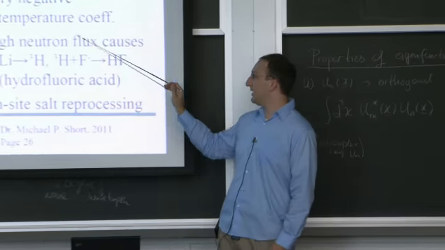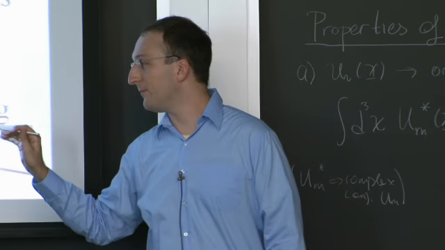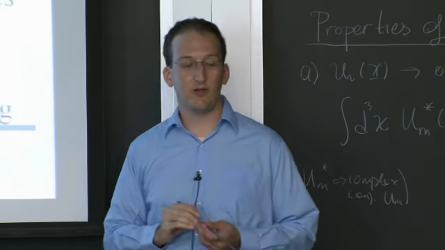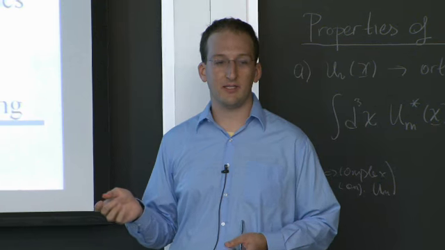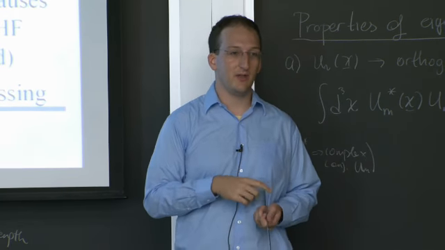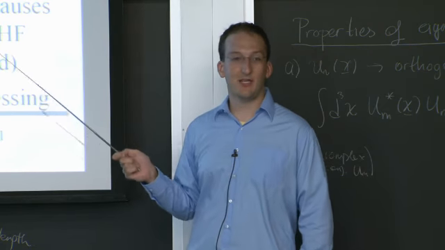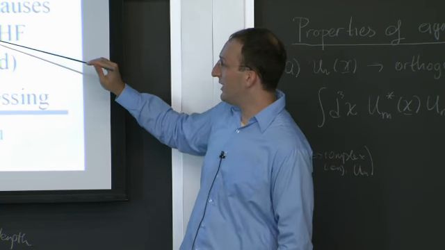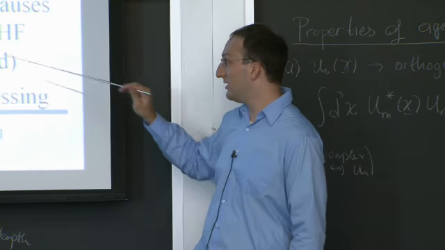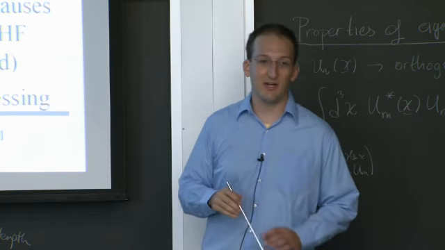A high neutron flux can transmute lithium and produce tritium. Tritium on its own has to be collected, or you have to make sure that it doesn't get out and get to anybody. But tritium, which acts chemically just like hydrogen, can combine with all the fluorine in these FLIBE salts and make HF, hydrofluoric acid.